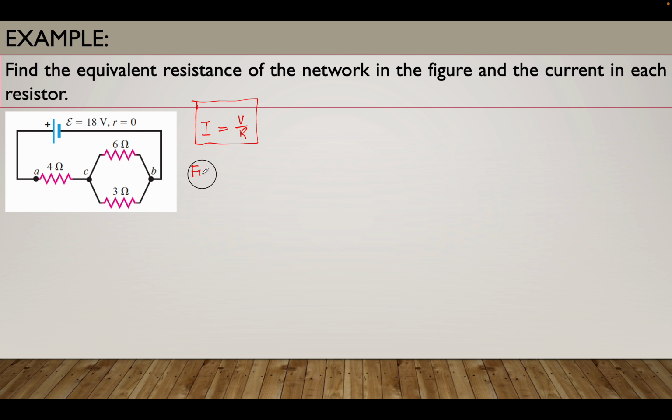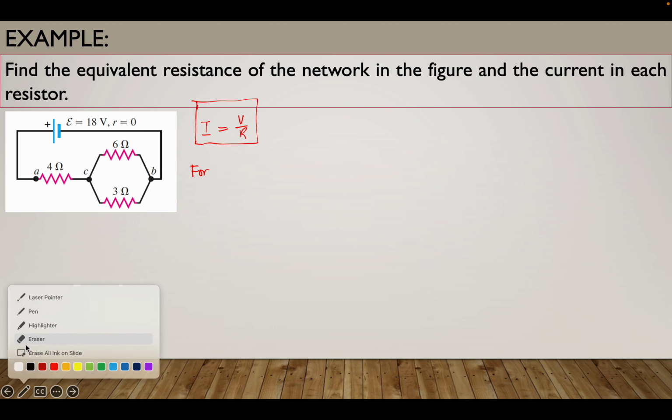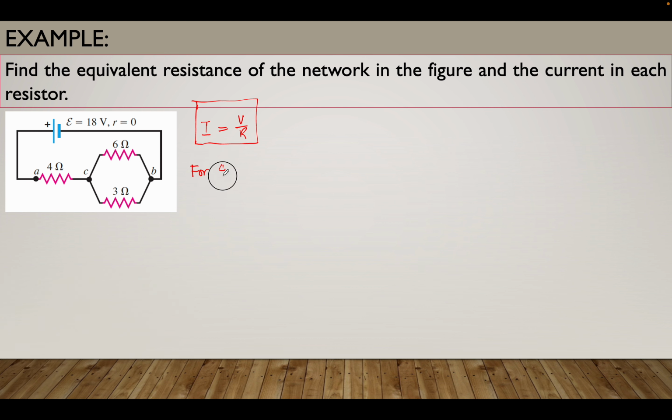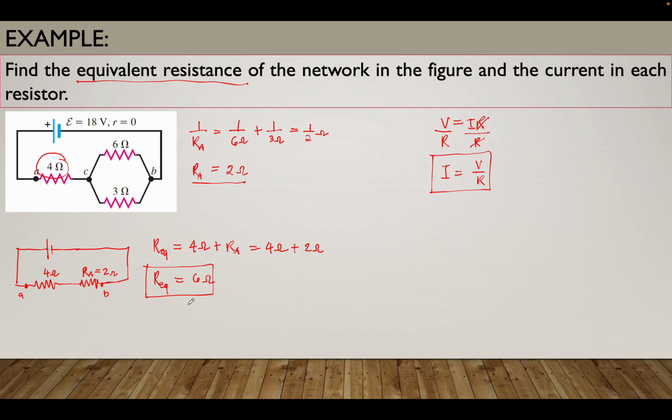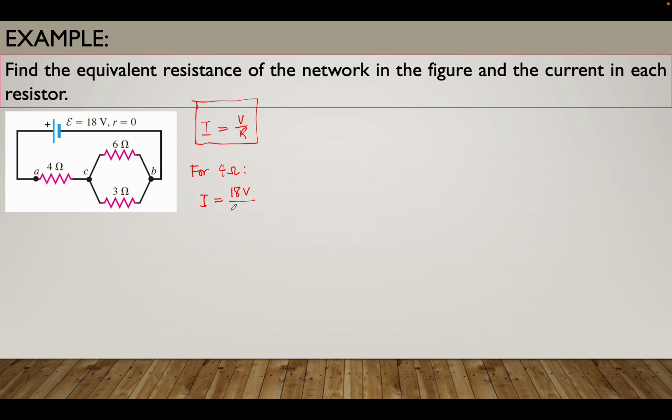So, for 4 ohms, we have I is equal to, our V is 18 volts, 18 volts divided by, our R is our equivalent resistance, which is 6 ohms.